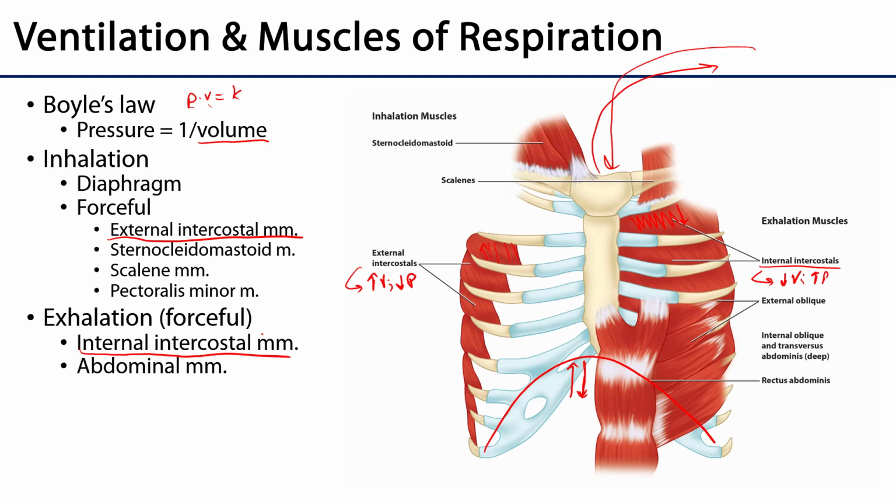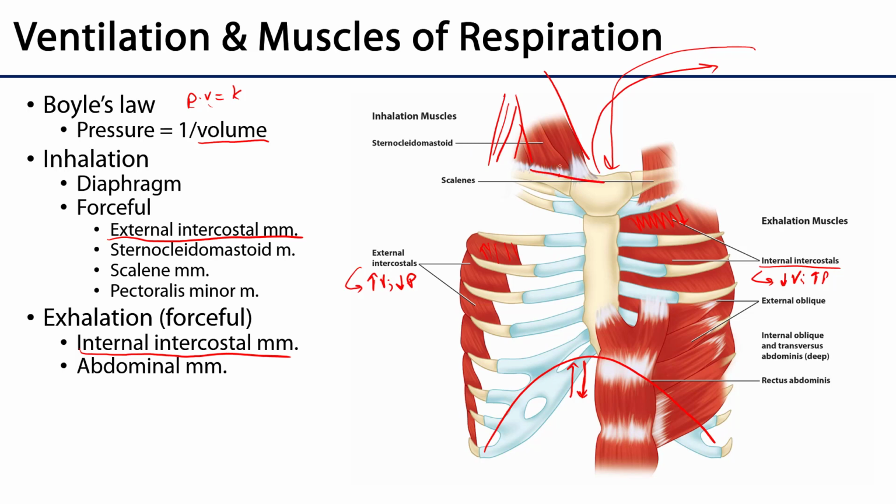Now, there are additional muscles that can help shape the thoracic cavity volume in a variety of ways. The sternocleidomastoid muscle, the scalene muscles, anterior, middle, and posterior scalene muscles. Sternocleidomastoid attaches to the manubrium and clavicle.